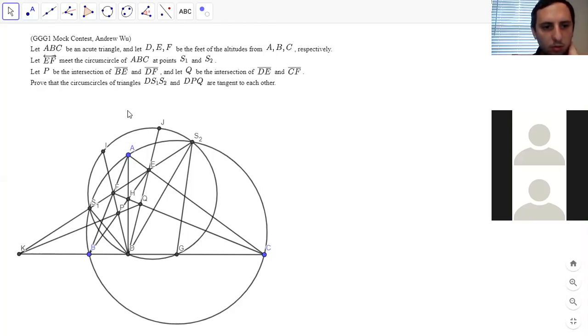What is the incenter of triangle DIJ? EIJ, or oh, DIJ? Yeah. Let's see.